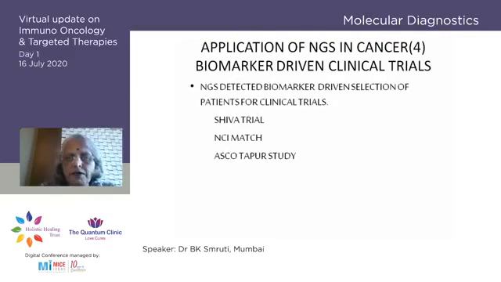And then important one is biomarker driven clinical trials. So you detect biomarkers with the NGS, and these are the patients who are then selected for the clinical trials. And the most important examples are like the French Shiva trial, which of course did not meet its endpoint.